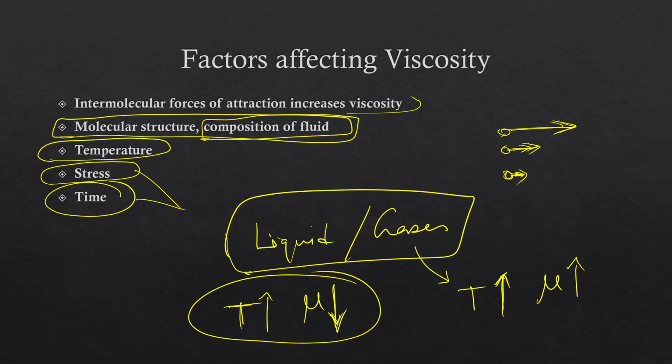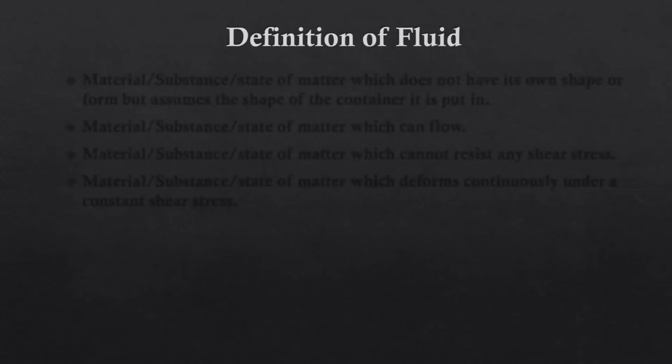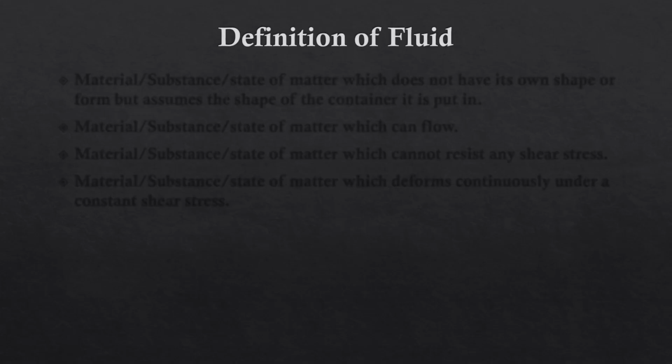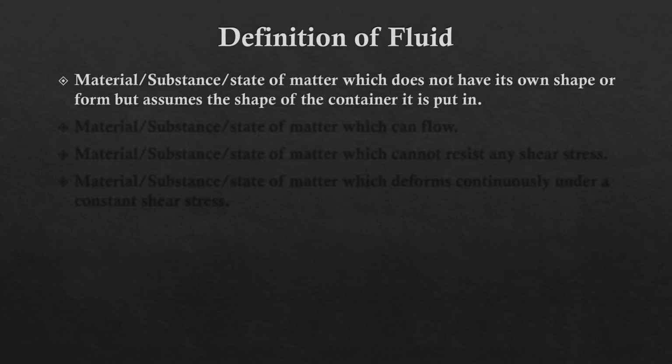Then, so we have learned how viscosity is important in fluid studies. Now let's revisit the definitions that we presented at the beginning. So material or substance or state of matter which does not have its own shape or form but assumes the shape of the container it is put in, so that is fluid, or the definition of fluid.